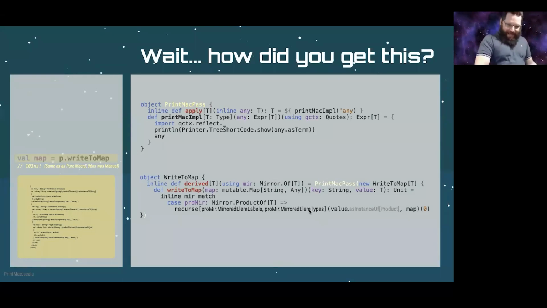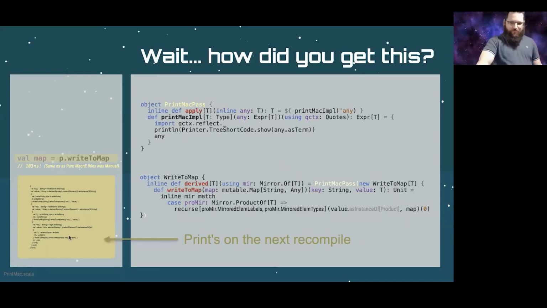But when you've got that, what will happen is that it will call this macro during the actual compile. You do sbt compile, and it will call this macro. And during the compilation, it will print out your code that we've got over here. So very, very useful technique if you actually want to know exactly what's going on.